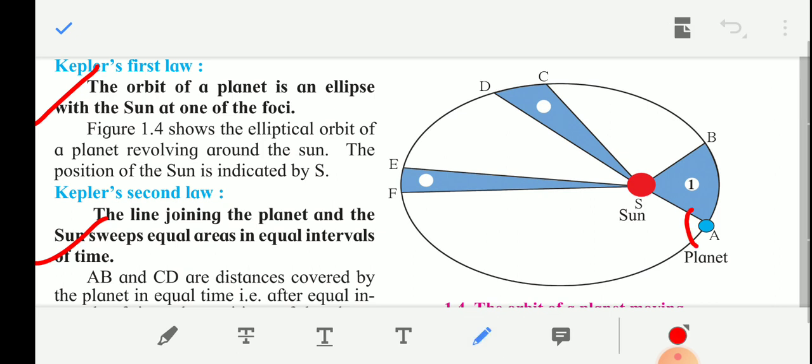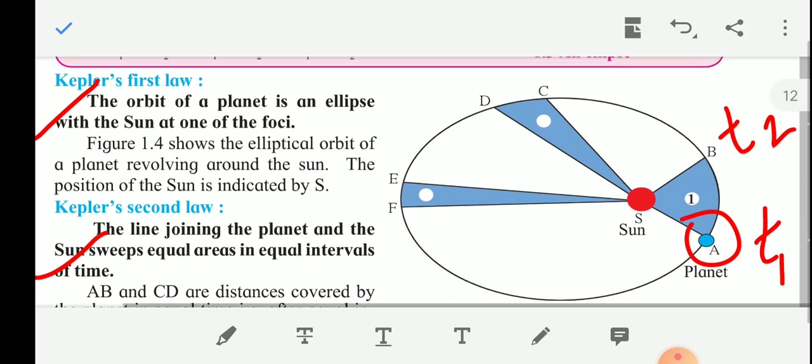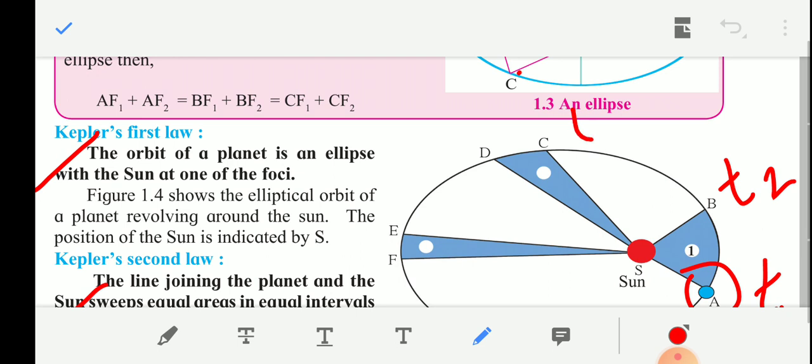If at a particular time t1 the planet is at A, then at time t2 the planet reaches B, then at t3 the planet is at C, and t4 is the time where the planet reaches point D.